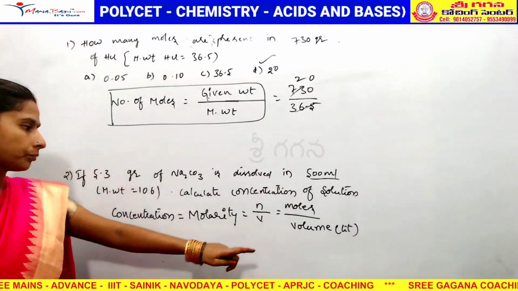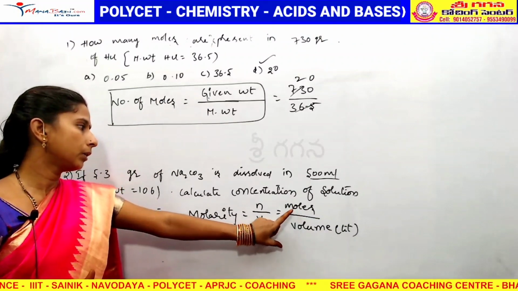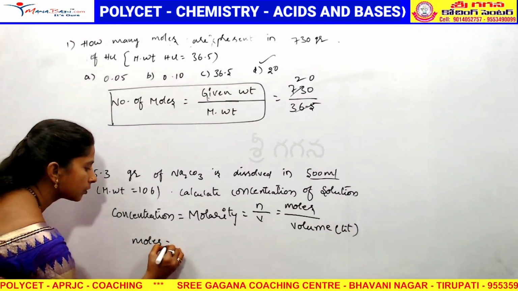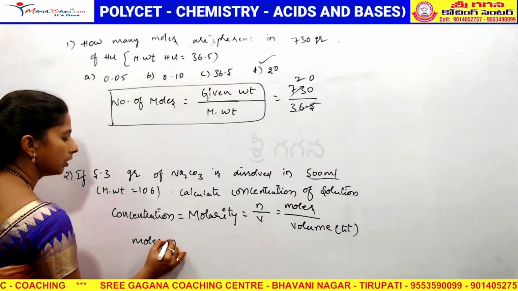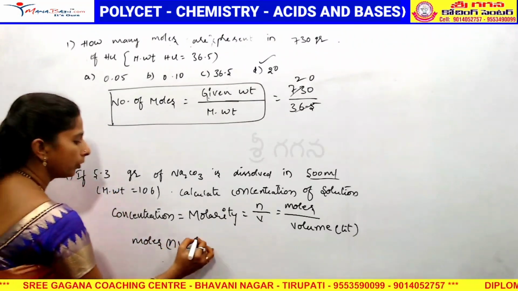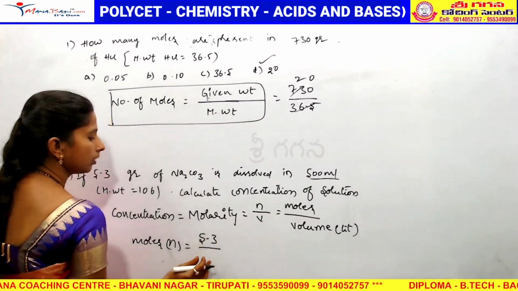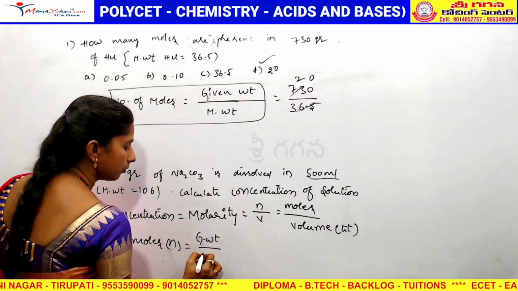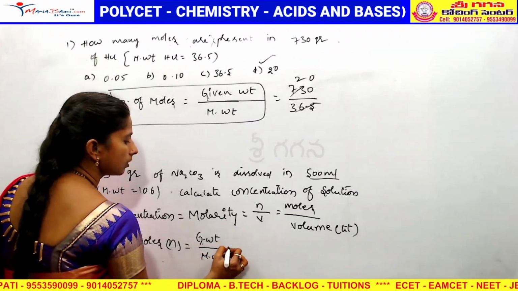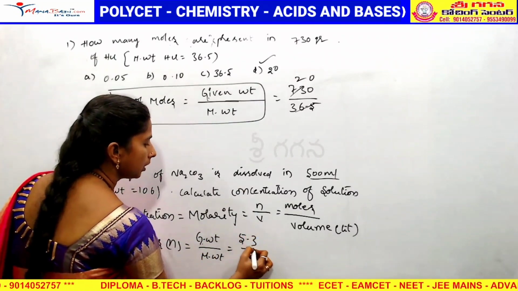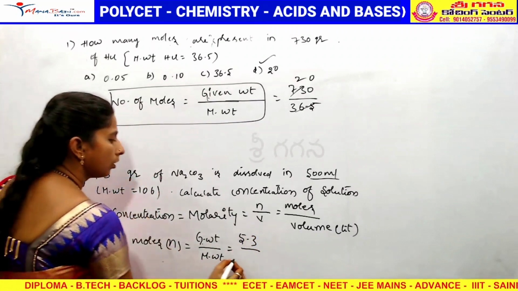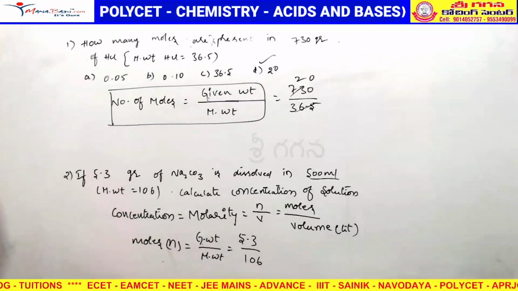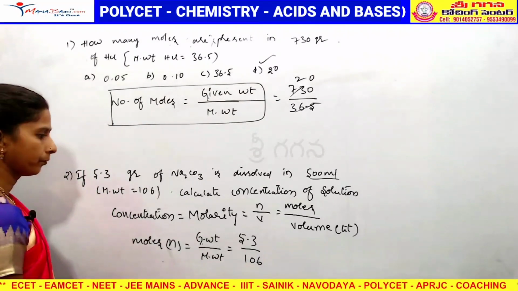Number of moles N is given weight by molecular weight, which is 5.3 by 106.